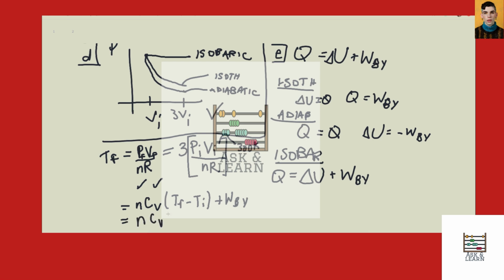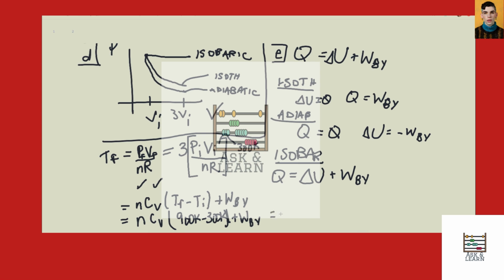So it's N C_V times 900 Kelvin minus 300 Kelvin, plus the work done by the gas, which we calculated in the last part. And so now I'm just going to plug into a calculator N C_V times 600 Kelvin. So N times C_V is 12.47 times 600. So that's 8978 joules.